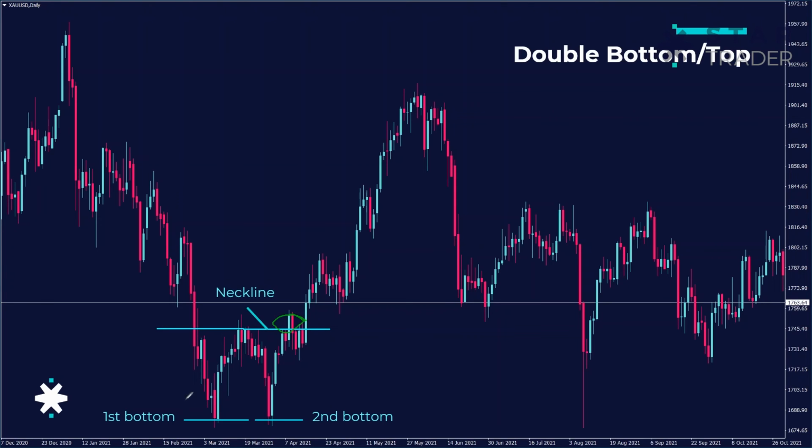We saw the first bottom, the second bottom, and we went up to the neckline. Once it broke the neckline and closed above it, this is called a confirmation. It confirmed the pattern. If it's a double top, here is the neckline, so the confirmation will be breaking the neckline downtrend.